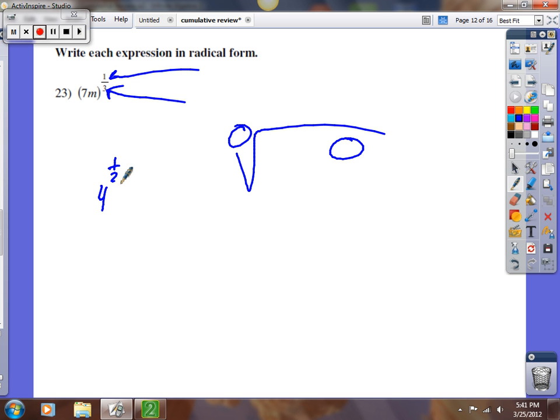4 to the 1/2 power is actually the same thing as the square root of 4. So that must mean that the 2 goes there and the 1 goes there. So the numerator is going to go right here. I'm going to put the 1 right there.